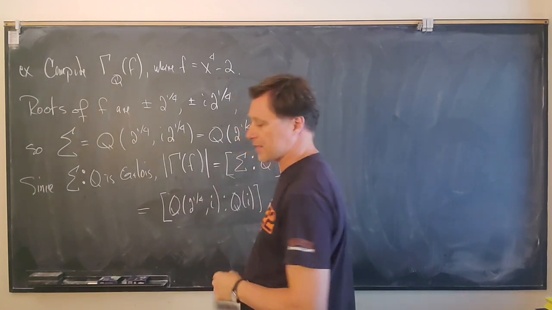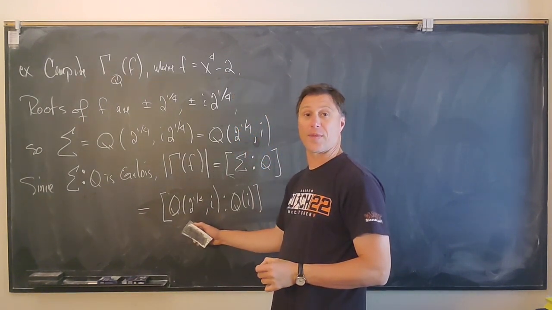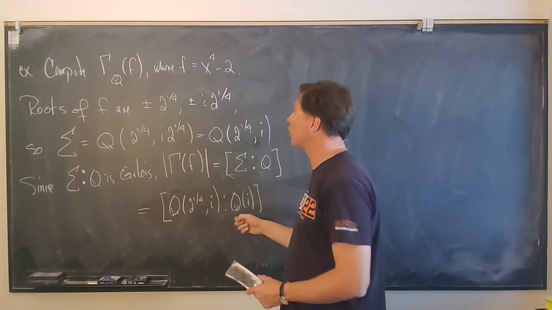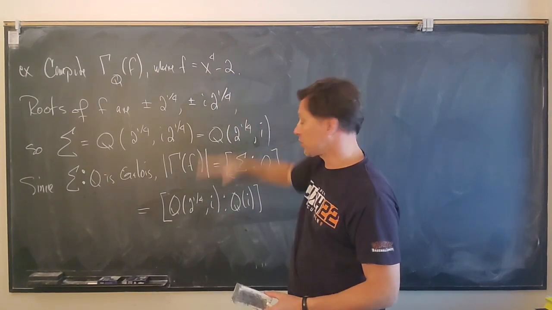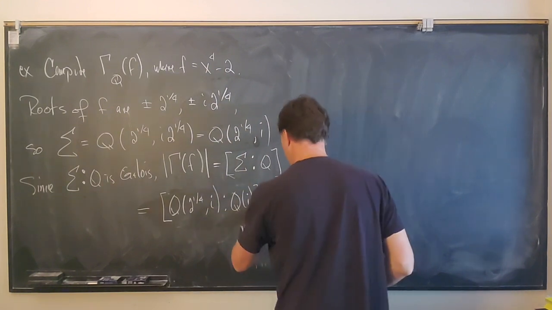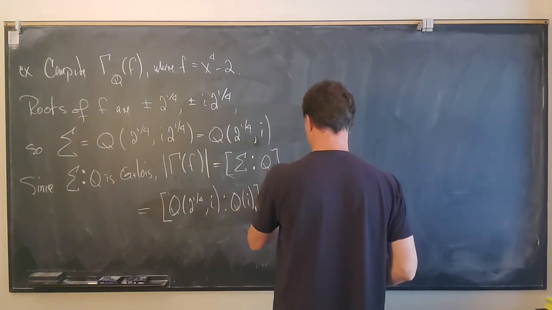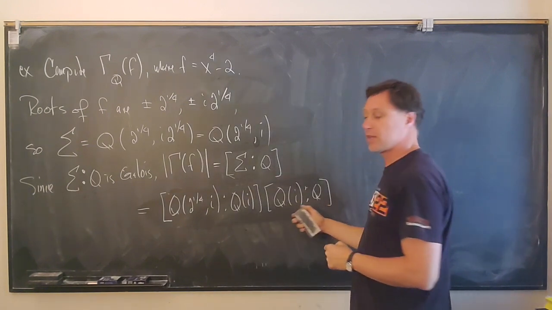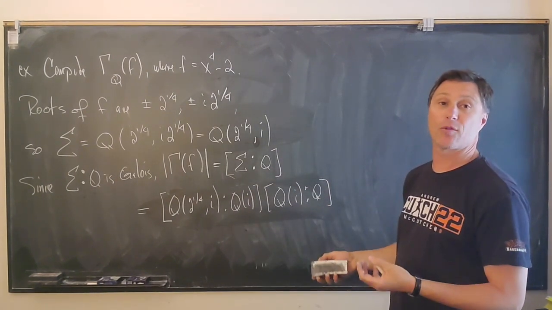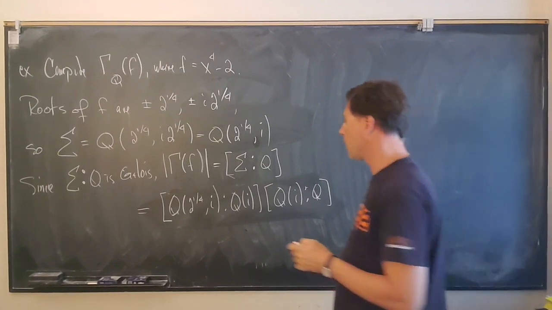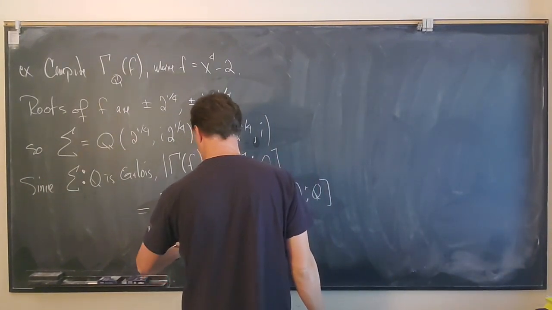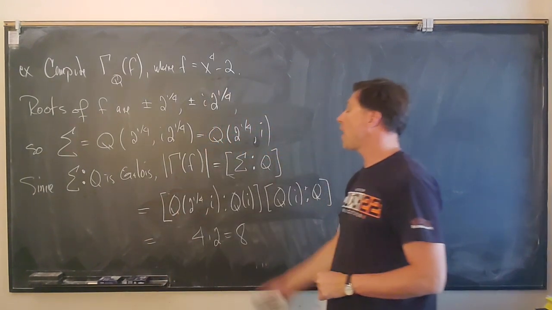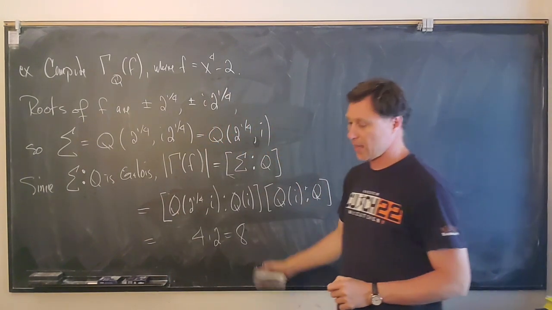Hopefully it's clear that this extension has degree 4, right? The minimal polynomial for 2 to the 1/4 over Q adjoin i is going to be the same polynomial right there, so this has degree 4. And then Q adjoin i over Q: the degree of this extension is definitely equal to 2. The minimal polynomial of i over Q is x squared plus 1. So this is equal to 4 times 2, which equals 8. And so we know that the order of our Galois group is equal to 8.